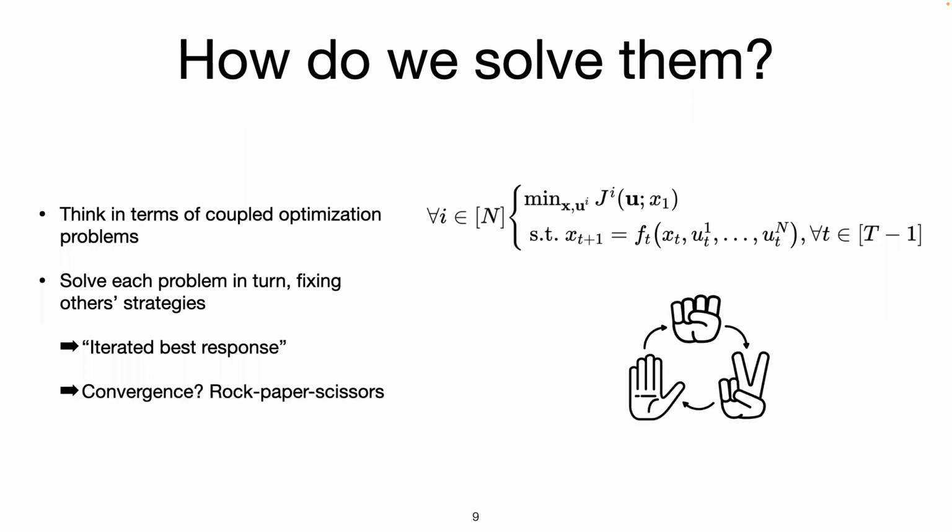If you try something like this in rock paper scissors, I'll declare, hey, I'm going to play rock right now. My opponent will say, okay, you're playing rock, I'm going to play paper. Then it'll be my turn to choose again, and I'll say, you're playing paper, I'll play scissors. Iterative best response is a very old idea, but people have also known forever that this doesn't always converge.